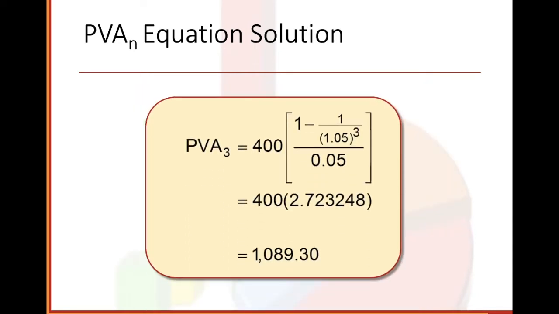So 400 times all of this in the bracket: 1 minus 1 over 1.05 to the third power, divided by 0.05. Okay, so 400 times 2.723248 gives us $1,089.30.